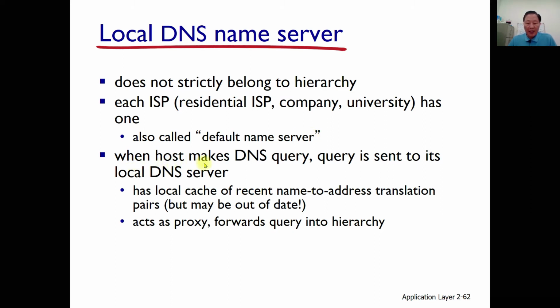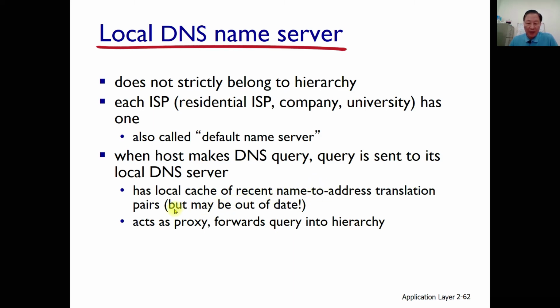When a host makes a DNS query, the query is sent to its local DNS server. In terms of DNS resolution, this local name server is the first server, serving to find the proper IP address for that specific domain name. It has a local cache of name-to-address translation pairs.